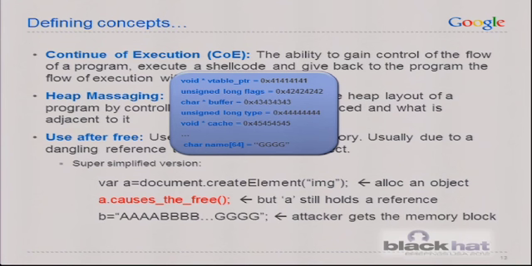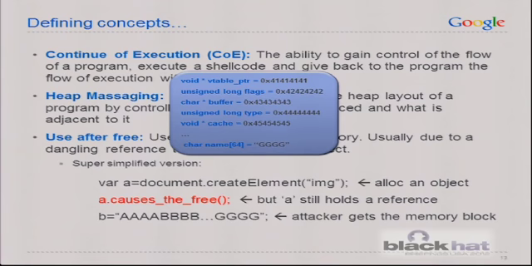And not only controls the vtable pointer, but controls all the member variables. In this case, flags, buffer, long, type, cache, and name. So this is key for the rest of the presentation. It's not all about controlling the vtable pointer. Back in the days, one or two years ago, people were only focused on controlling the vtable pointer because that's the only thing that they needed. But for info leaks, we need to control the member variables of the object.